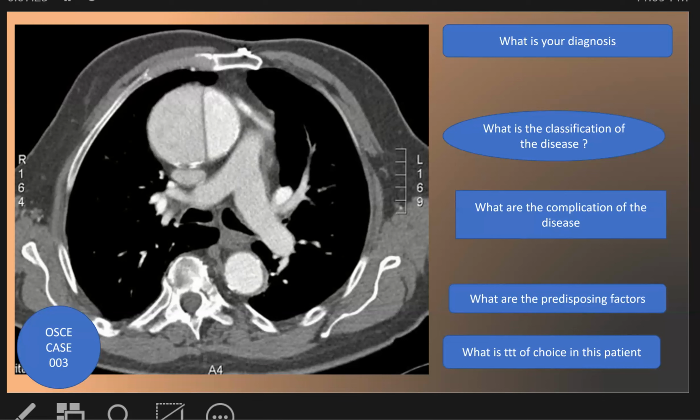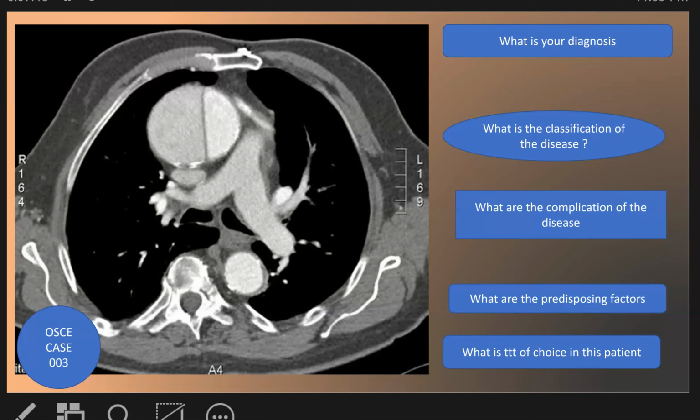And in the DeBakey classification, we have type 1, involving the ascending and descending aorta, and it accounts for about 60%. Involving the ascending aorta alone is about 10 to 15%, and this is type 2.